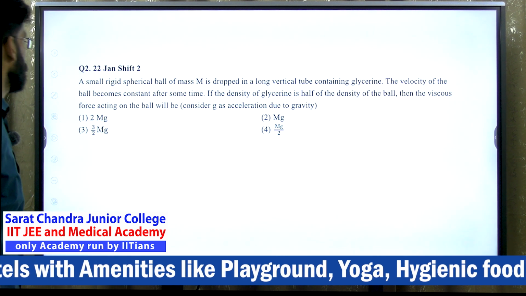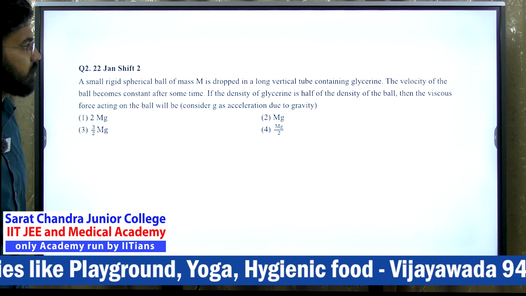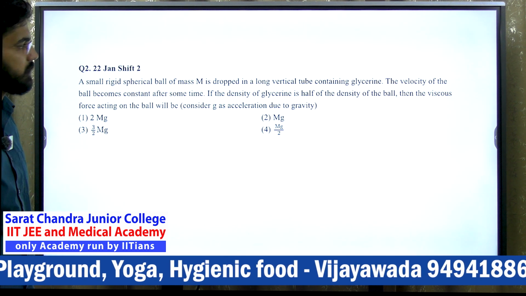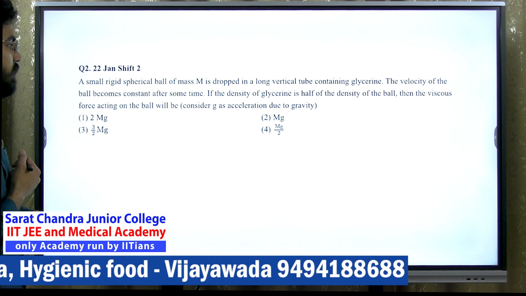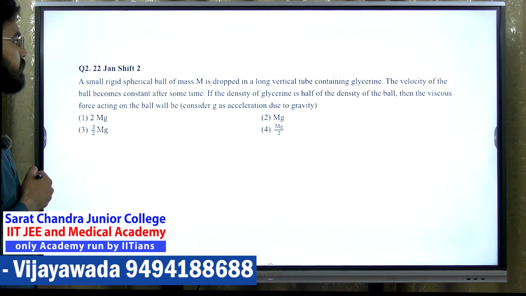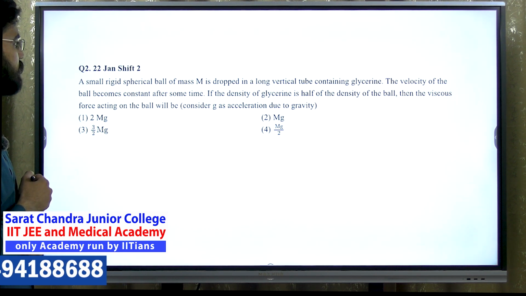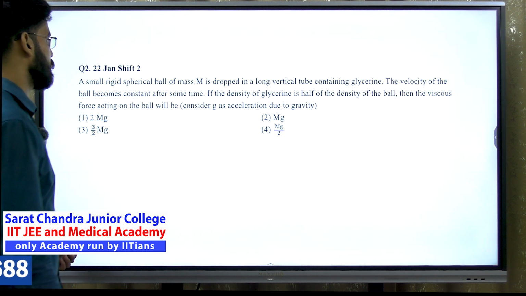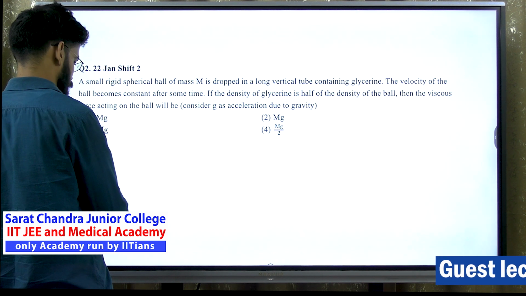Next, a small rigid spherical ball of mass capital M is dropped in a long vertical tube containing glycerine. The velocity of the ball becomes constant after some time, means terminal velocity, right? If the density of the glycerine is half the density of the ball, then the viscous force acting on the ball will be.